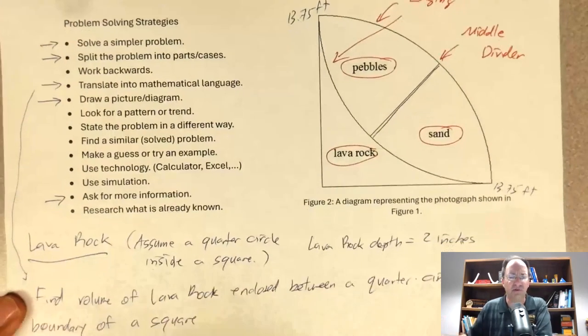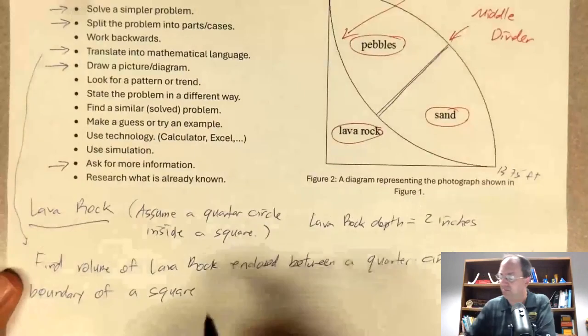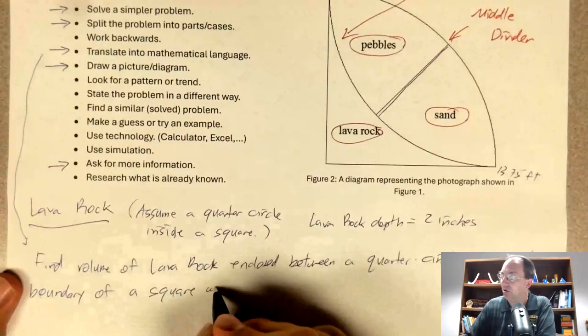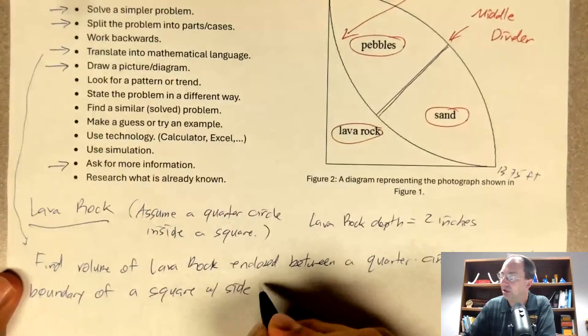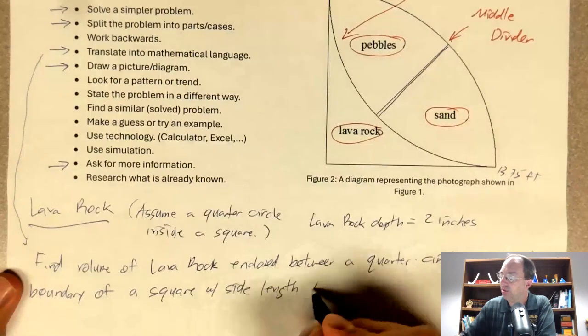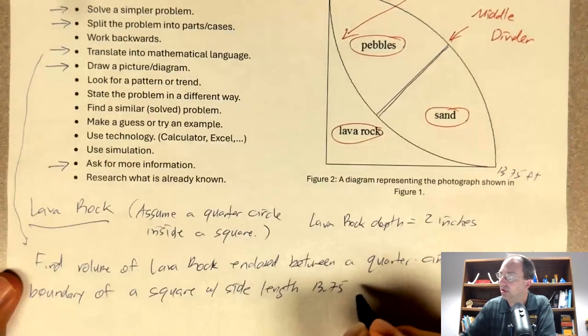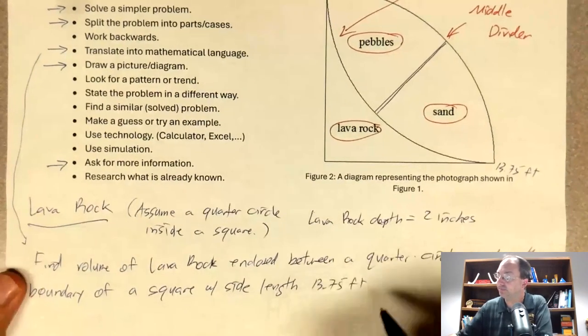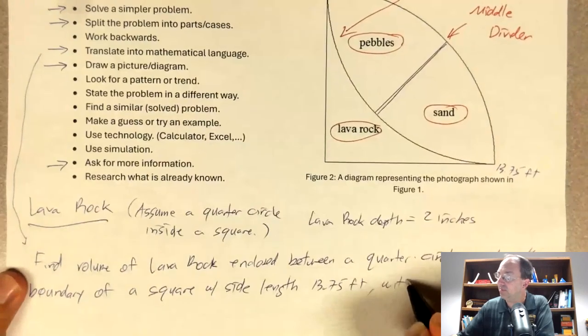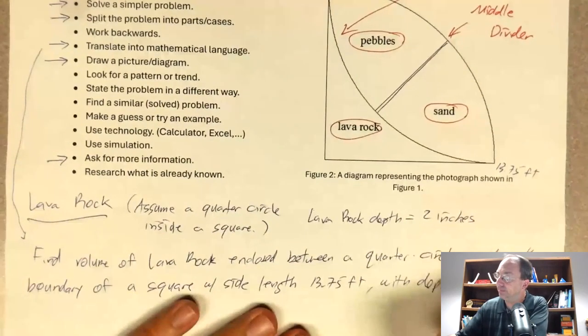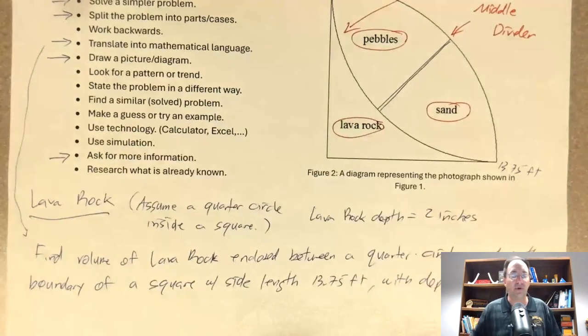And I'm being more specific just for completeness' sake here. Boundary of a square with side length 13.75 feet with depth of 2 inches. So this makes it a very clear problem that we can use geometry and so forth to solve.